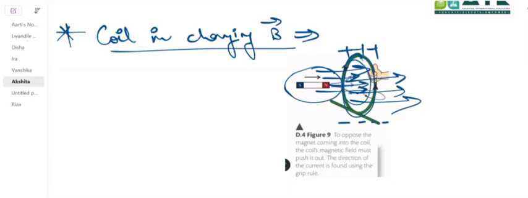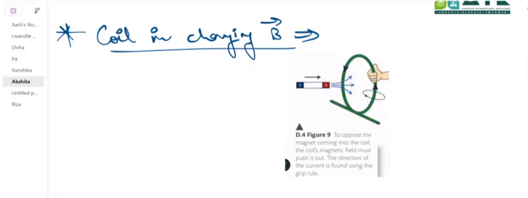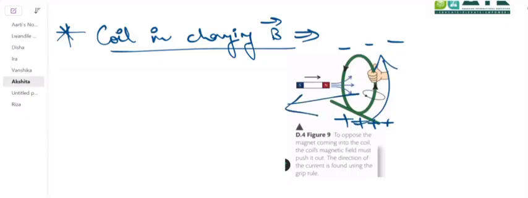Now as the charges get assembled, the current will start flowing from plus to minus. As soon as you take the magnet out, the current will flow again, but in the opposite direction.